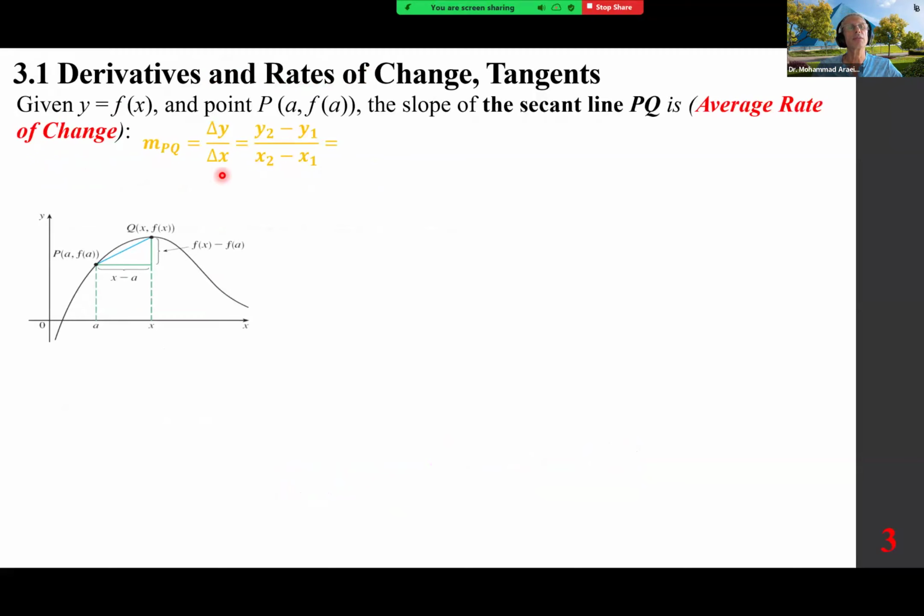Reminding everyone that given y equals f of x and point A, comma f of a, the slope of a secant line PQ is the average rate of change, or simply delta y over delta x, rise over run, y sub 2 minus y sub 1 over x sub 2 minus x sub 1. In this case, we can say f of x minus f of a over x minus a.